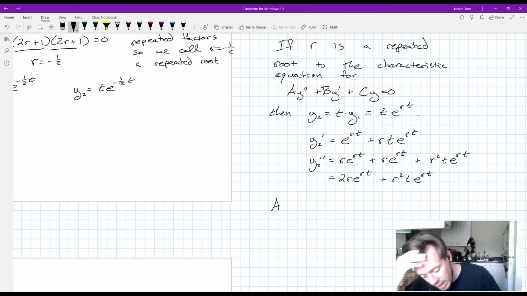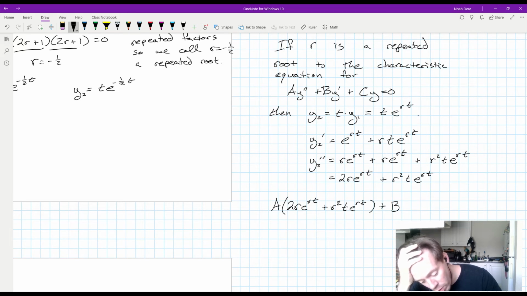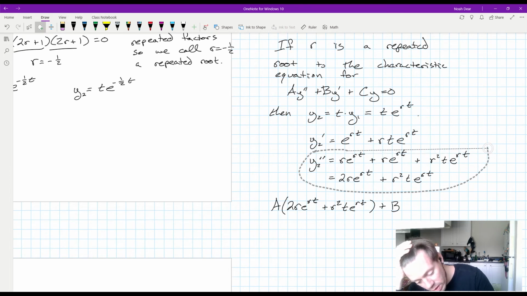We're going to get a times 2r e to the rt plus r squared t e to the rt plus b times y prime. Let's do some color work here. So y2 is here.